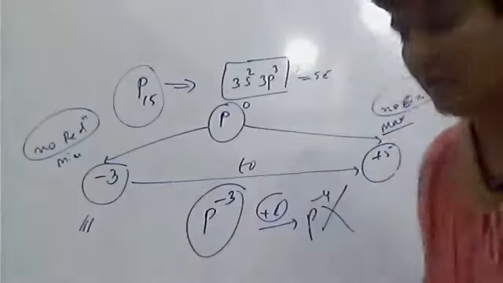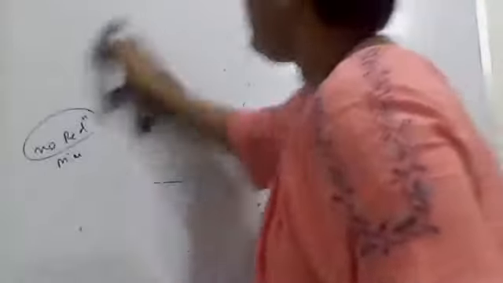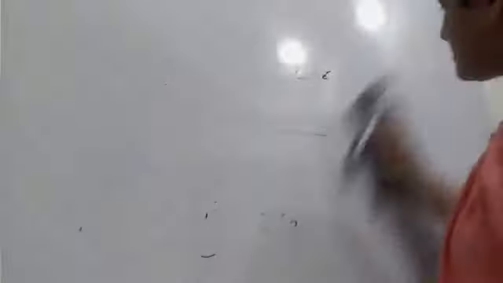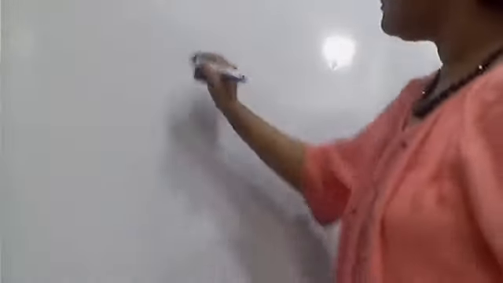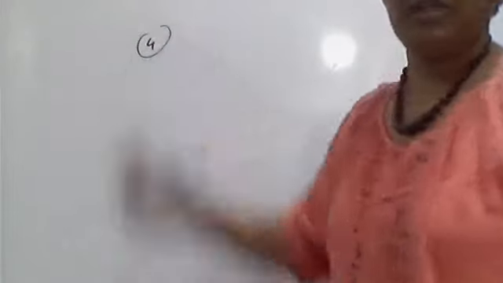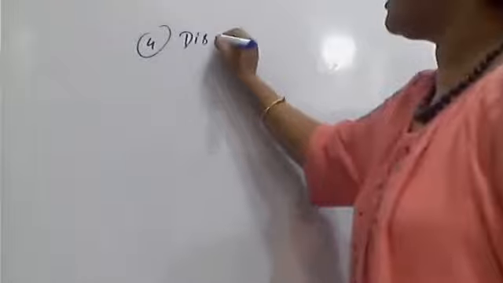Very simple. Okay. Here, I will explain disproportionation, the fourth type of redox reaction. Redox itself is what?